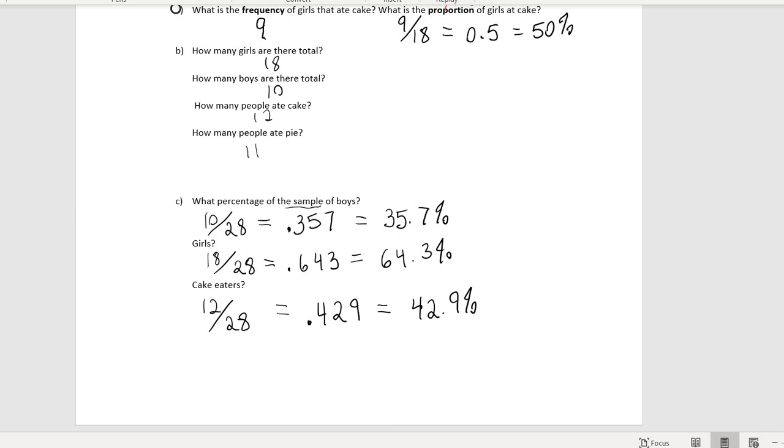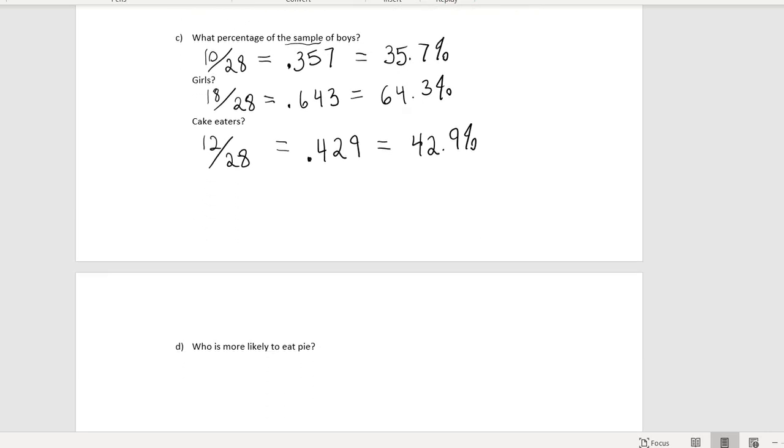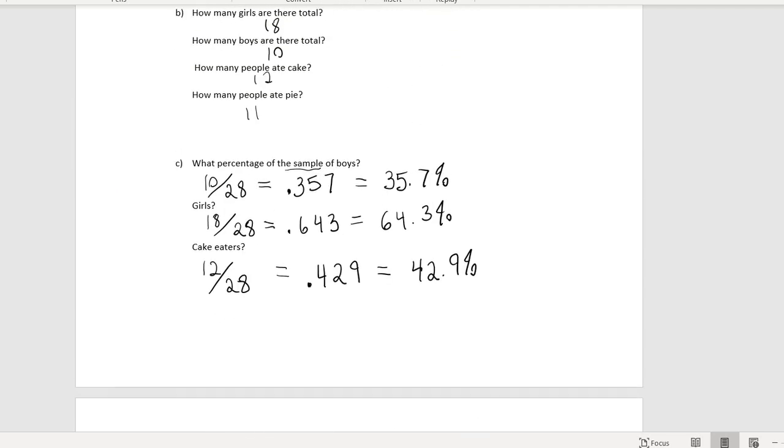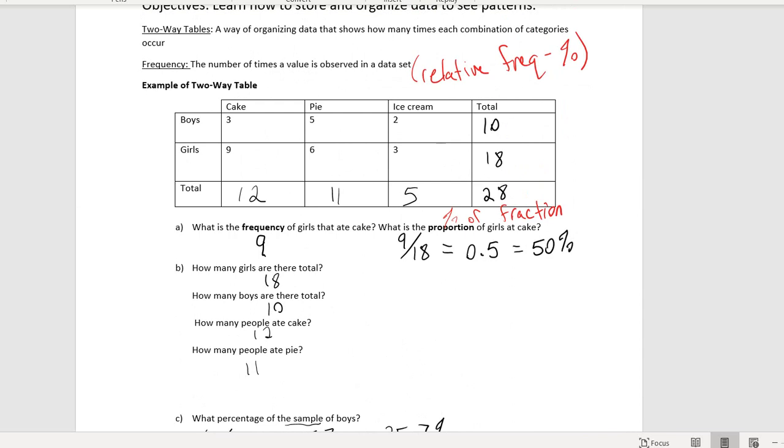Okay, great. Now let's go look at the other question. We want to know who is more likely to eat pie. So are boys more likely to eat pie or girls? When we're looking at this question, there's something that we have to be aware of. We can't just look at the amount of boys that ate pie and compare it to the amount of girls that ate pie.